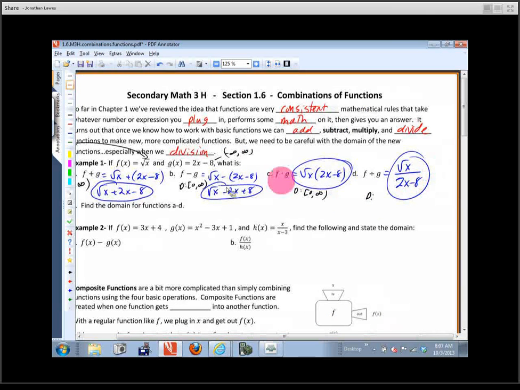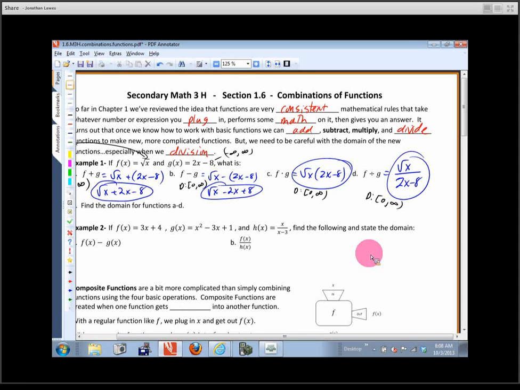Every one of these had exactly the same domain. It was the square root function that restricted the domain down from 0 to infinity. But let's look here. It certainly can't be any bigger than this. So I know it's got to be at least that small, if not smaller. Is there anything else that I ought to be concerned with here?